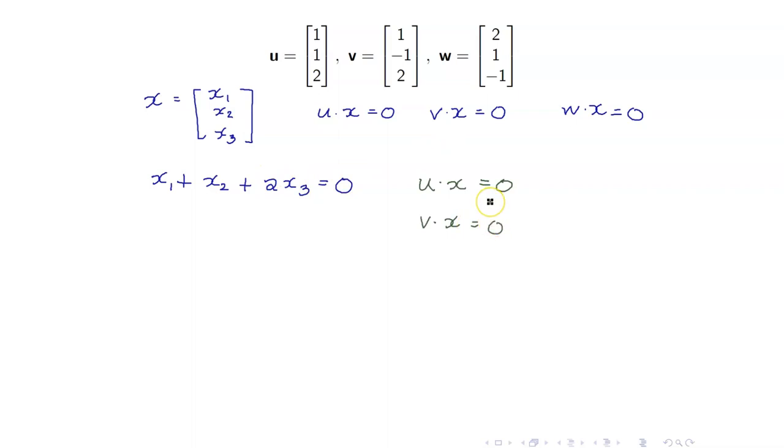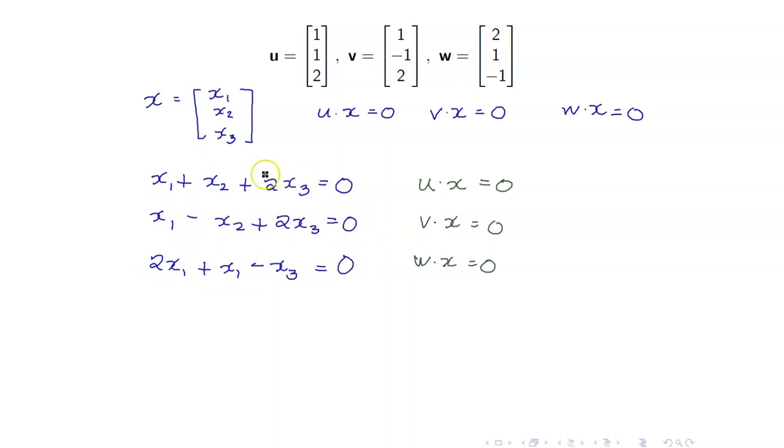For V dot x equals 0, we have x1 minus x2 plus 2x3 equals 0 because V is this. For W dot x to be equal to 0, we have 2x1 plus x2 minus x3 equal to 0.